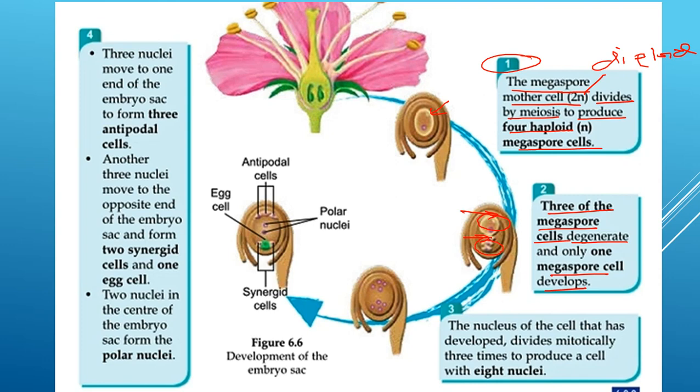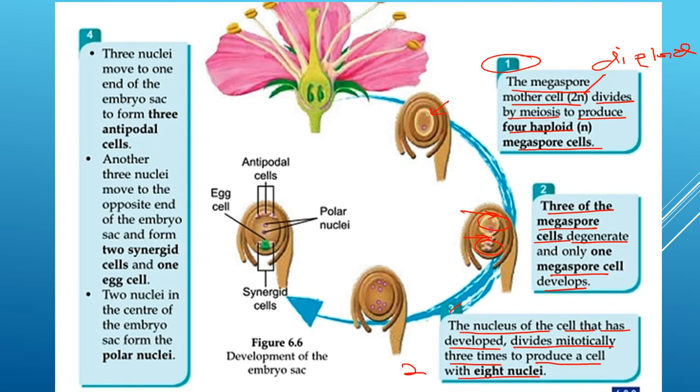Okay. Again, step number 3. The nucleus of the cell that has developed tadi divides mitotically. Mitotically maksudnya secara mitosis 3 times. Okay, maksudnya dia undergo mitosis 3 kali, producing a cell with 8 nuclei.